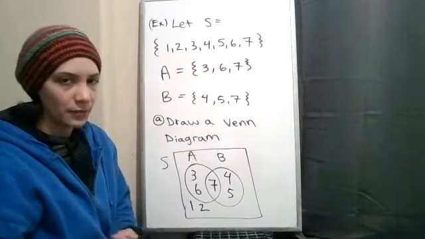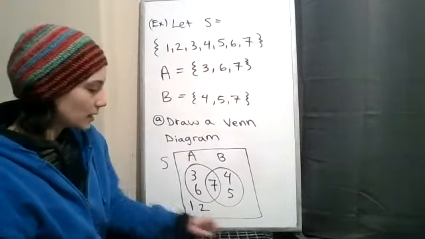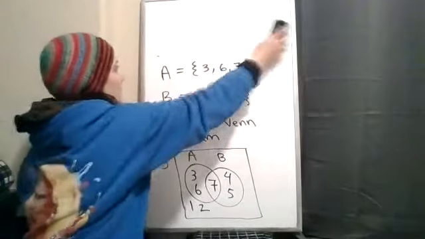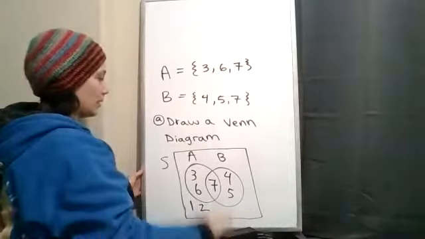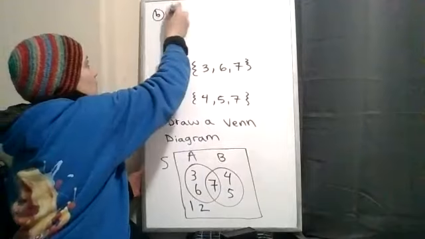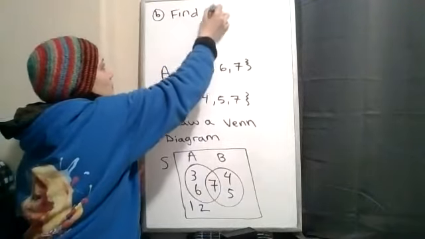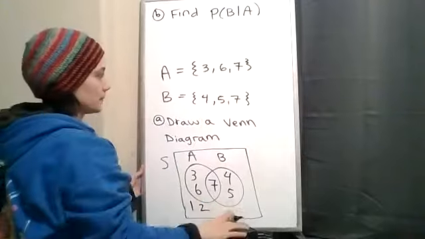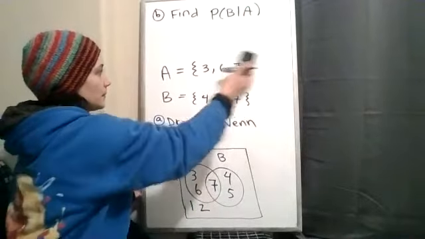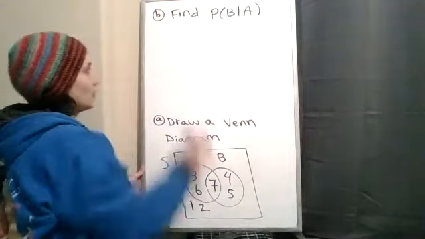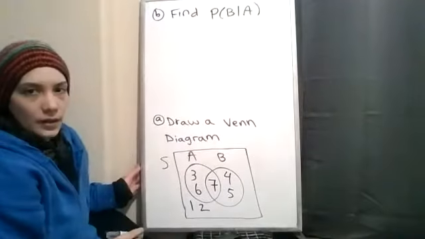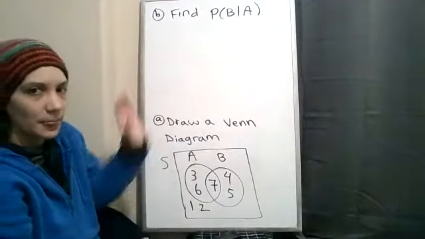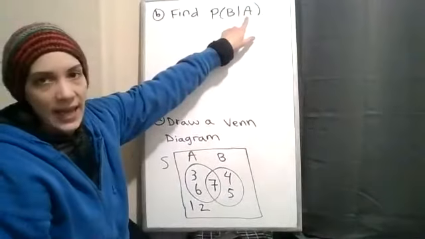Let's do the probability of B given A. We'll talk about it first, and then write down the formula. You know A has occurred.